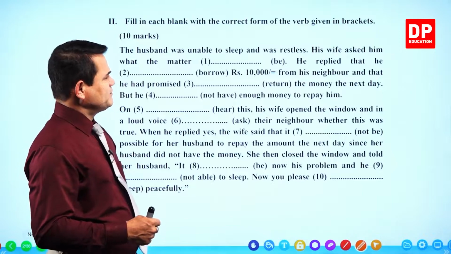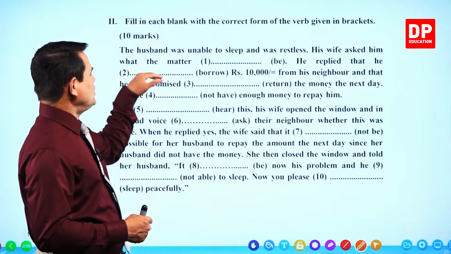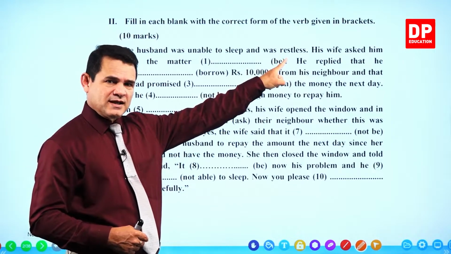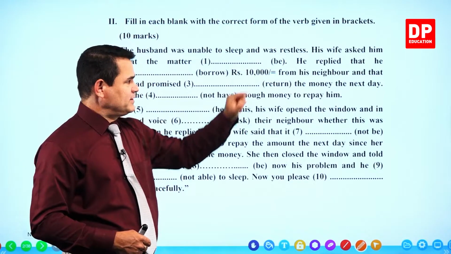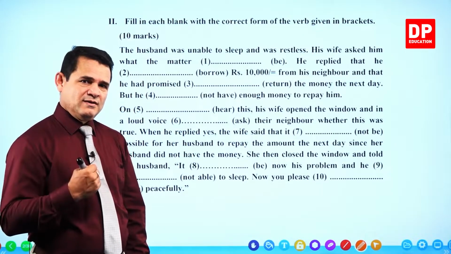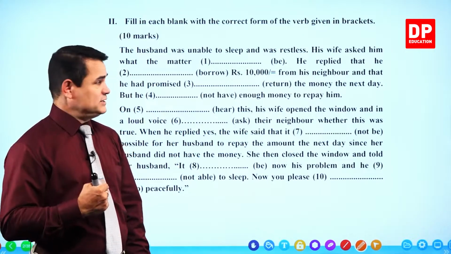His wife asked him what the matter be. Within brackets, be. When you get the word be, it is a be verb. What are the other words that you can use for this blank?